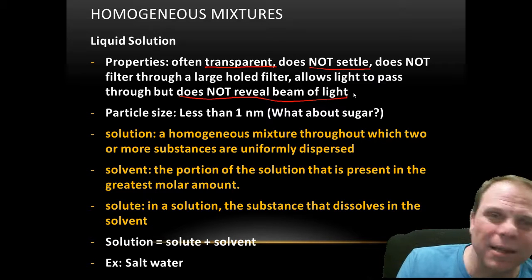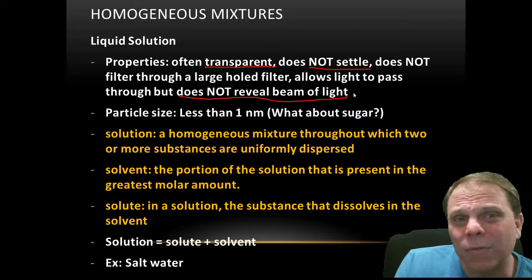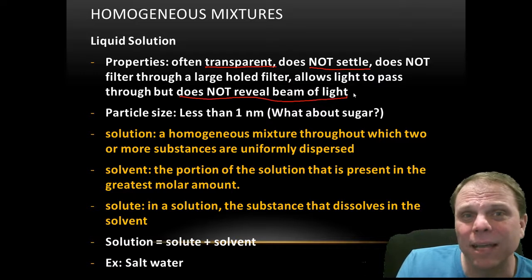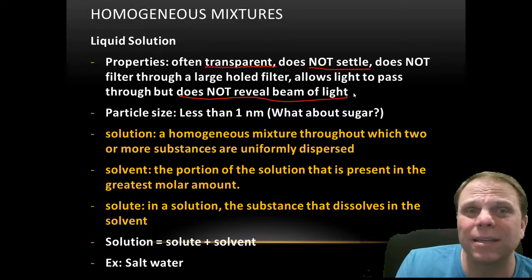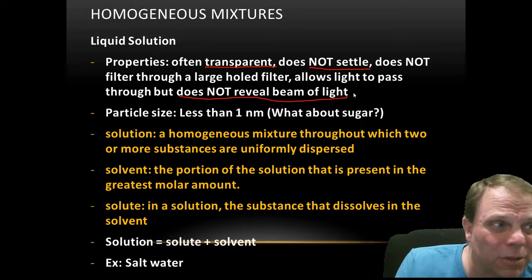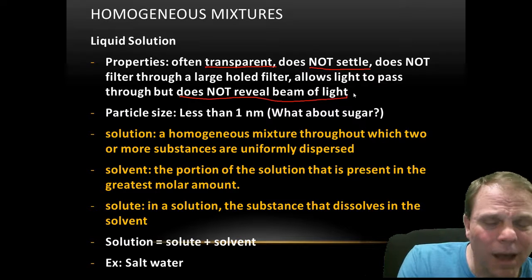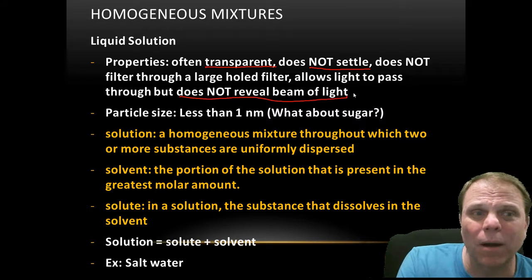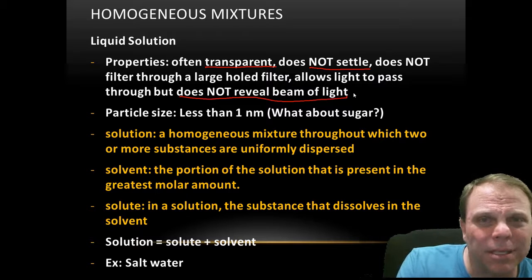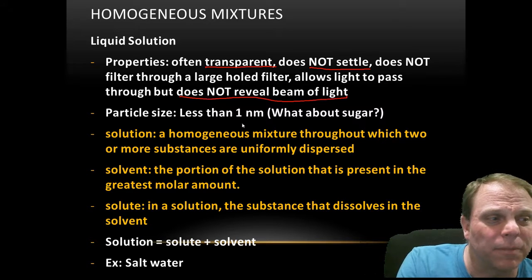Now, again, this is where it kind of annoys me, because if you talk about a high intensity laser beam, you can see high intensity laser beams even through sugar water. So here we are calling sugar water a homogeneous mixture, right? Why? Because it's got these really, really small particles. But can you see beams of light? Yeah, if you use the right type of light, a big, strong laser. Now, the particle size is less than a nanometer.